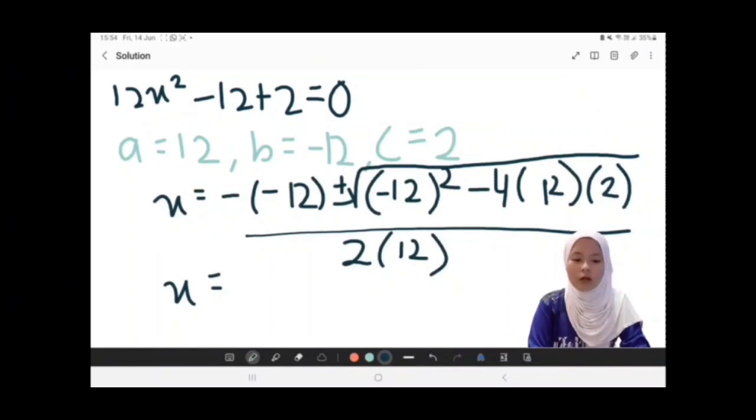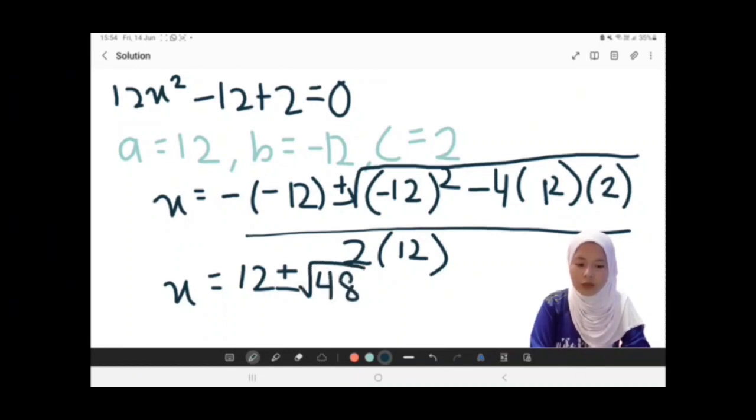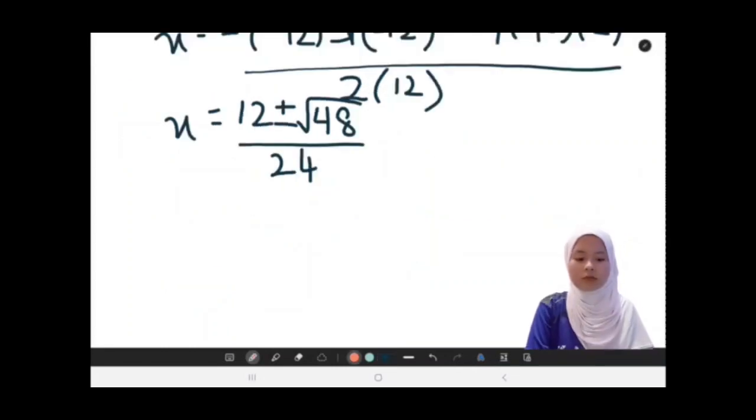Okay, so after we fill in the A, B, C into this formula, we will get this, and after we solve, we will get 12 plus minus square root of 48 divided by 24. Okay, so there are two real roots that we will get.